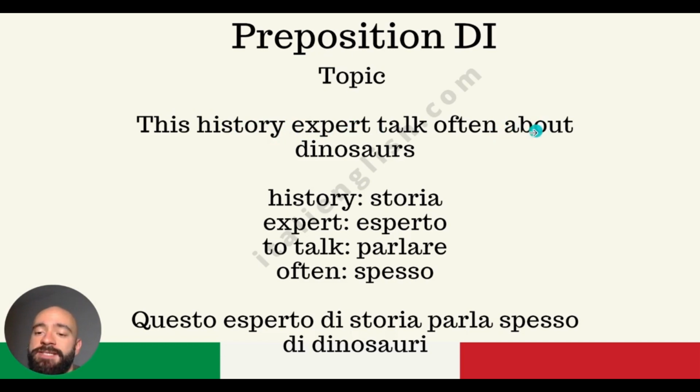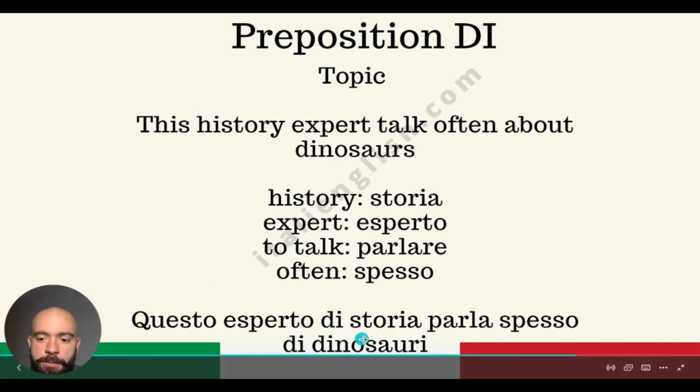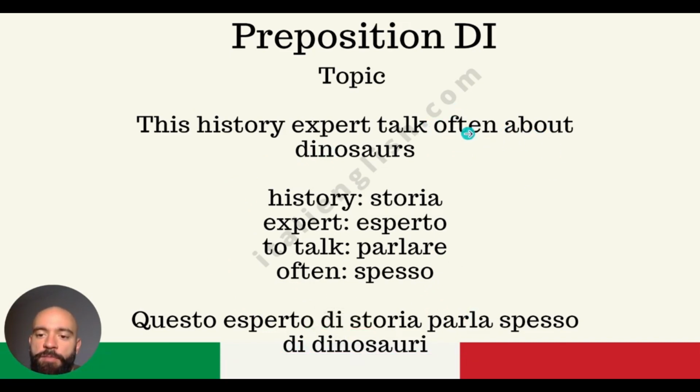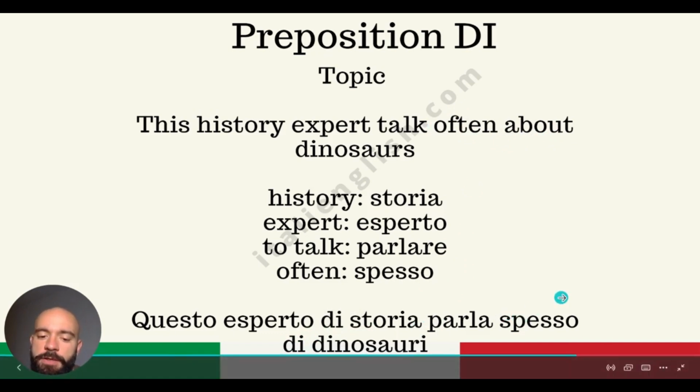And the second one is about, which is introduced by the verb to talk. That's why we have questo esperto di storia, history expert, parla spesso di dinosauri, talks often about dinosaurs. Often we put it over here. We will talk about adverbs very soon.